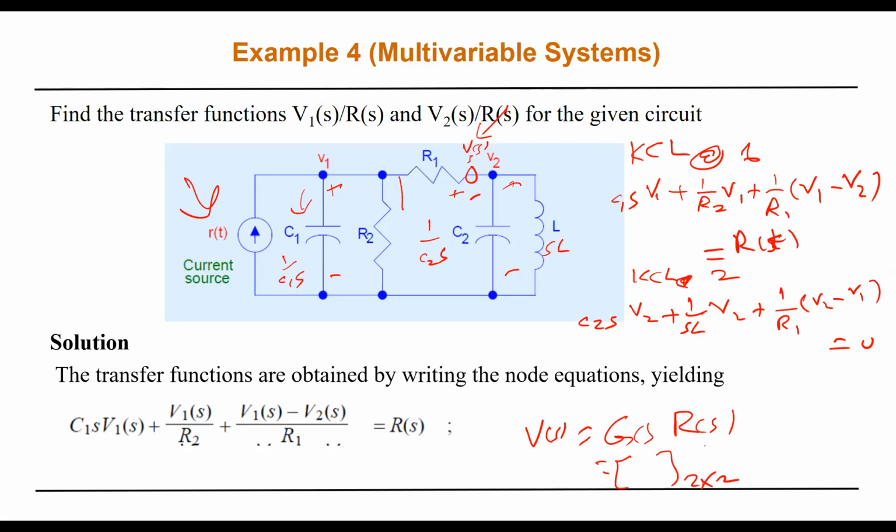Maybe 3 by 2. Look, this matrix will be the number of outputs by the number of inputs.